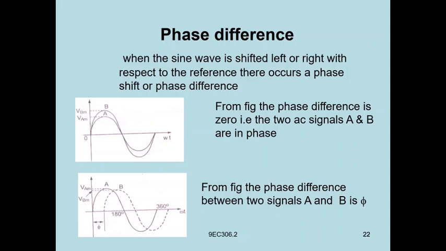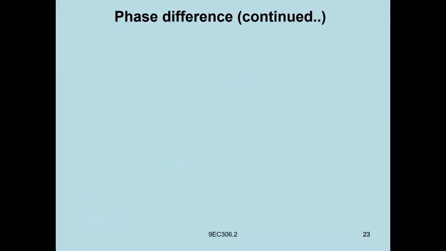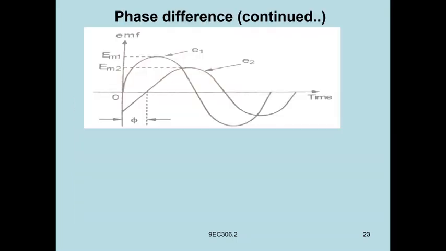So, there is a phase difference phi between A and B. See here, there are two sine waves, one starts at 0, another does not start at 0, and there is a phase difference between the two waves. Here E1 is equal to Em sin omega t and E2 is equal to Em sin (omega t minus phi).